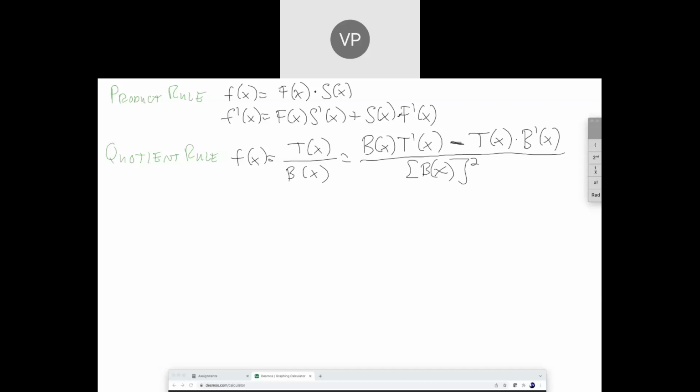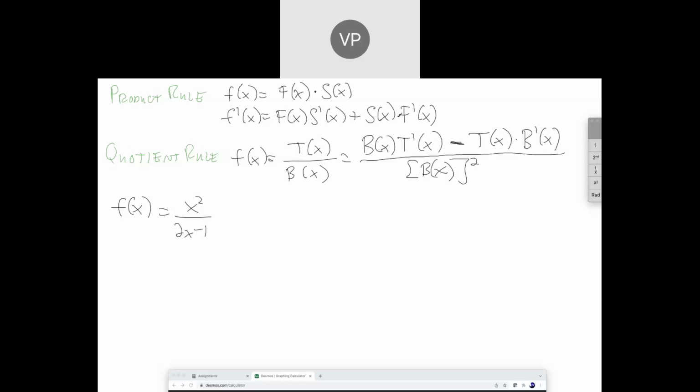Okay? So, let me give you an example here, show you what's going on. Let's say we have f of x equals x squared over 2x minus 1. Now, right now as it is, there's no way to solve this without the quotient rule.